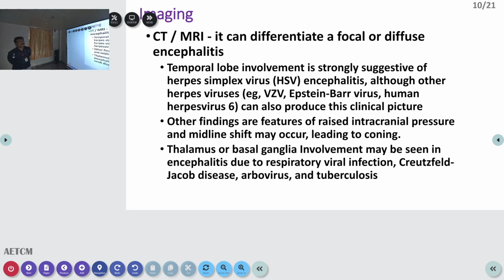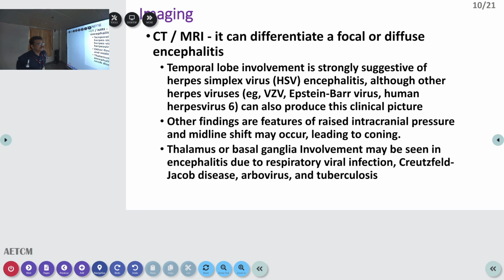So most of the time we ask for CT contrast or MRI contrast to detect meningoencephalitis. If we don't have facility for MRI or contrast enhanced CT, a plain CT also will be enough to make out whether the brain is inflamed or edema is there. So depending on your center, we can go for MRI with contrast, CT with contrast, or plain CT.